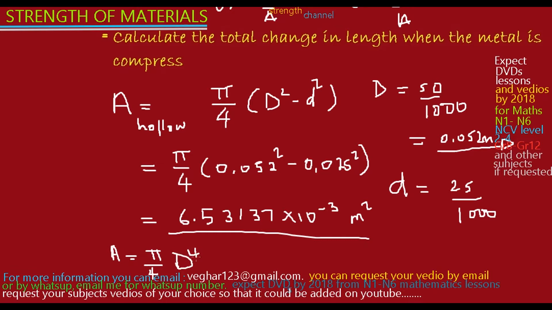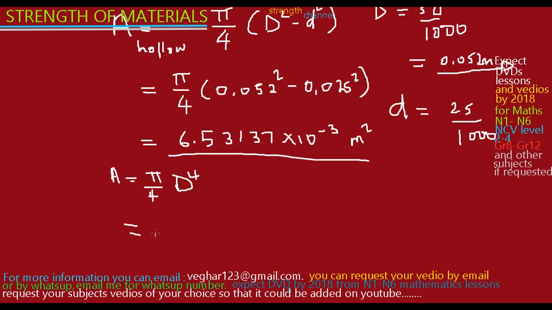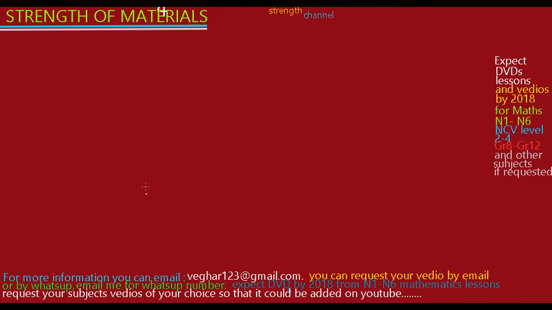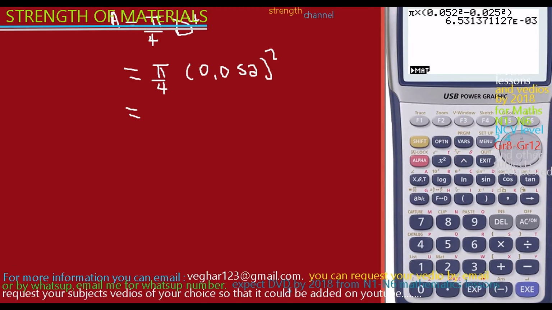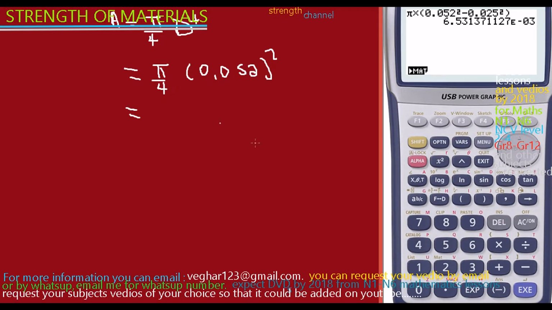And then the outer diameter was 52, so it's 0.052 squared, and then calculating this one, we'll say pi multiplied by.